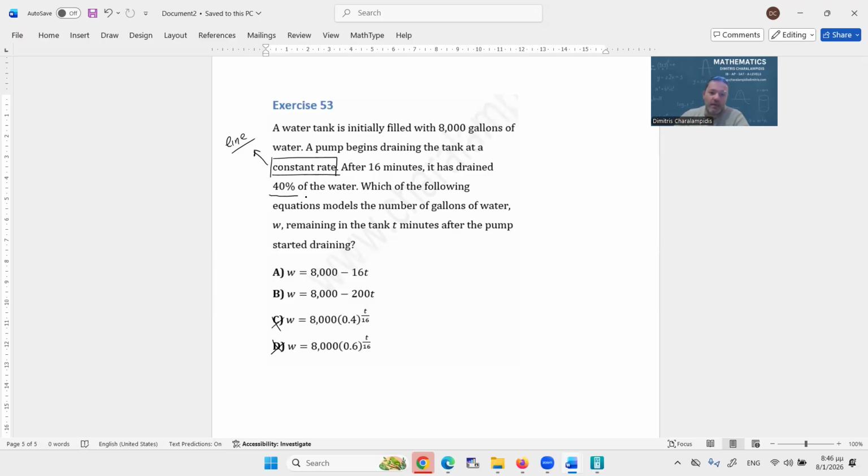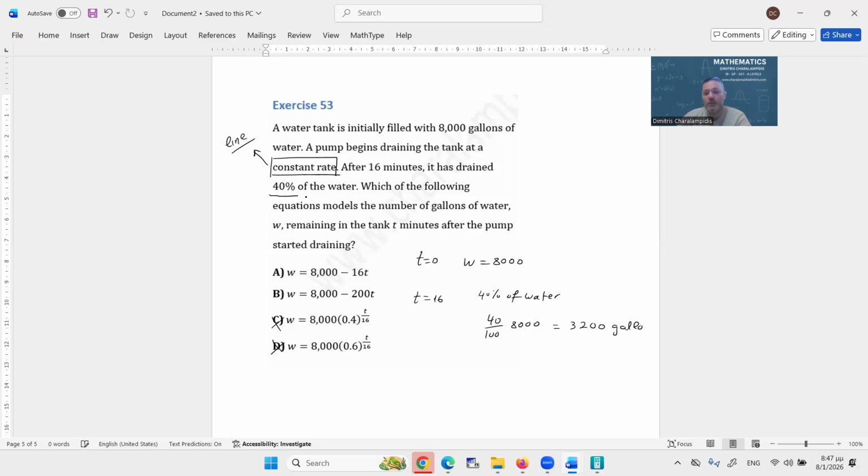And why is that? When t is 0 in the beginning, the remaining should be 8,000 in both. Both A and B do satisfy that. After t of 16 minutes, it has lost 40% of water. 40% of 8,000 is 3,200 gallons.